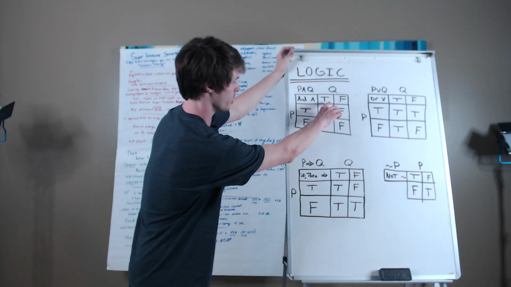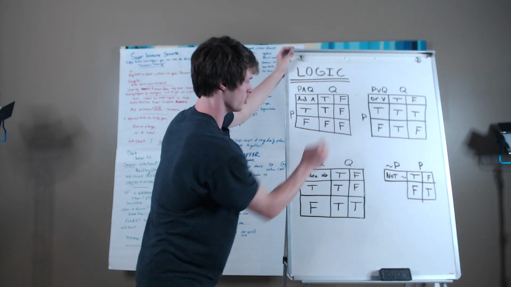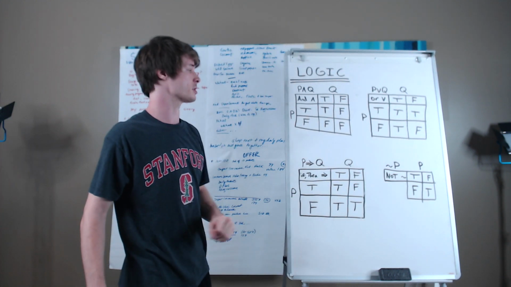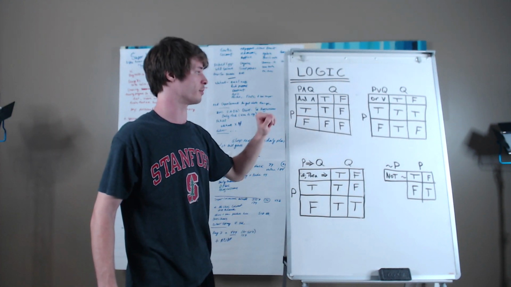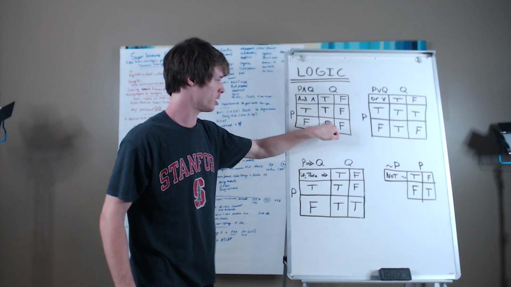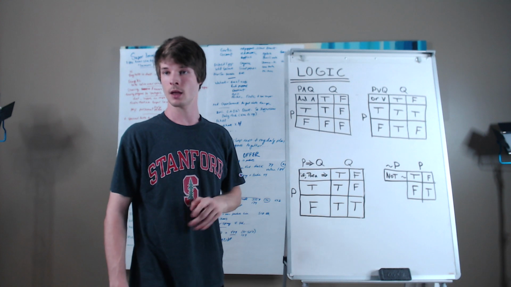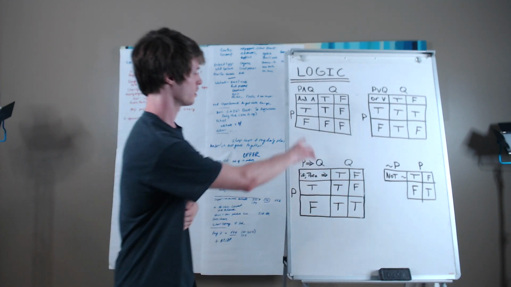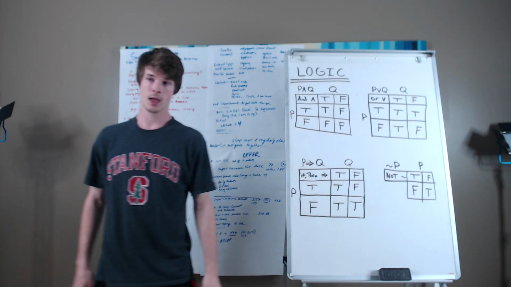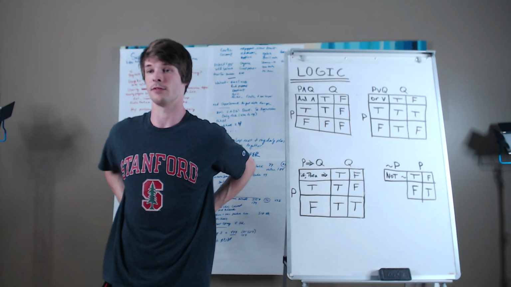So over here I have Q being true and Q being false, P being false and P being true. And we can see that, just like I said, when both of the components of my and statement, P and Q, are true, then my and statement is also true. But in any other circumstance, either P or Q being false, or both of them being false, then my and statement is necessarily false.